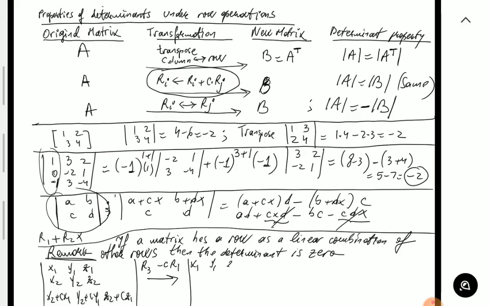So now the third row becomes just x2, y2, and z2, because I have x2 plus cx1 minus cx1, and the same thing for the other entries. Now I have a determinant with two identical rows, and if I make another transformation, row 3 minus row 2, then the consequence is that now I have a row with all entries equal to 0.